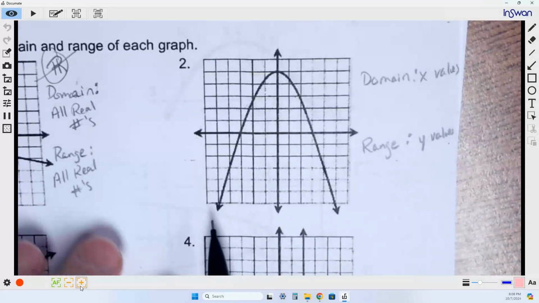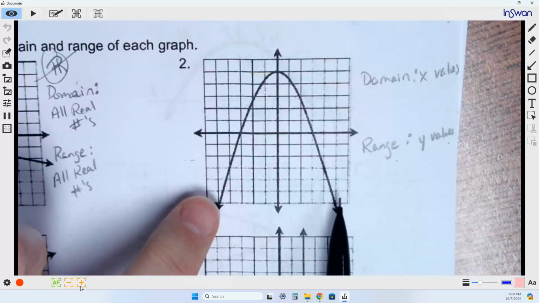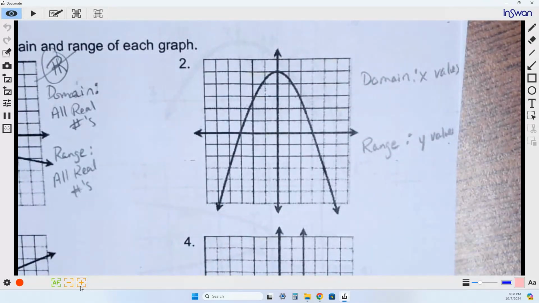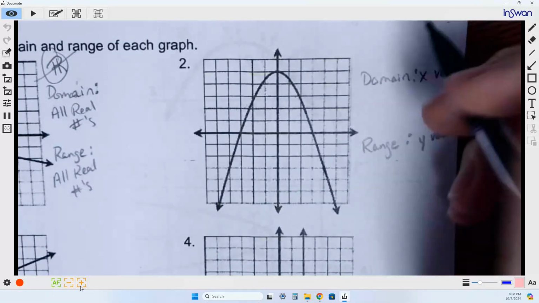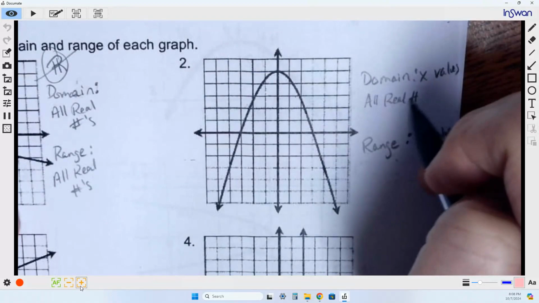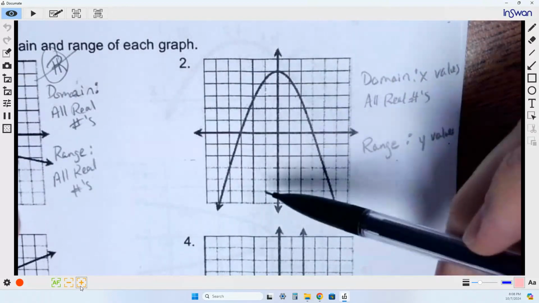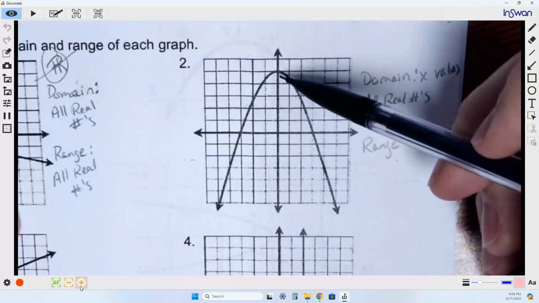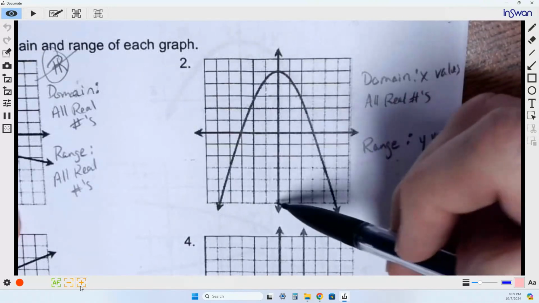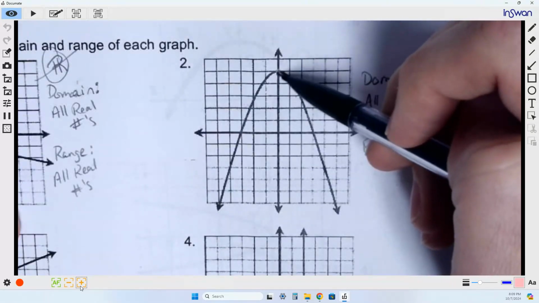So if I look left to right, I've got arrows here and they're pointing down, but they're also going out this direction. If it keeps going, it's never going to stop left to right. It's going to be all real numbers. Okay, my range, if I look up and down, well look, I have a turnaround right here.